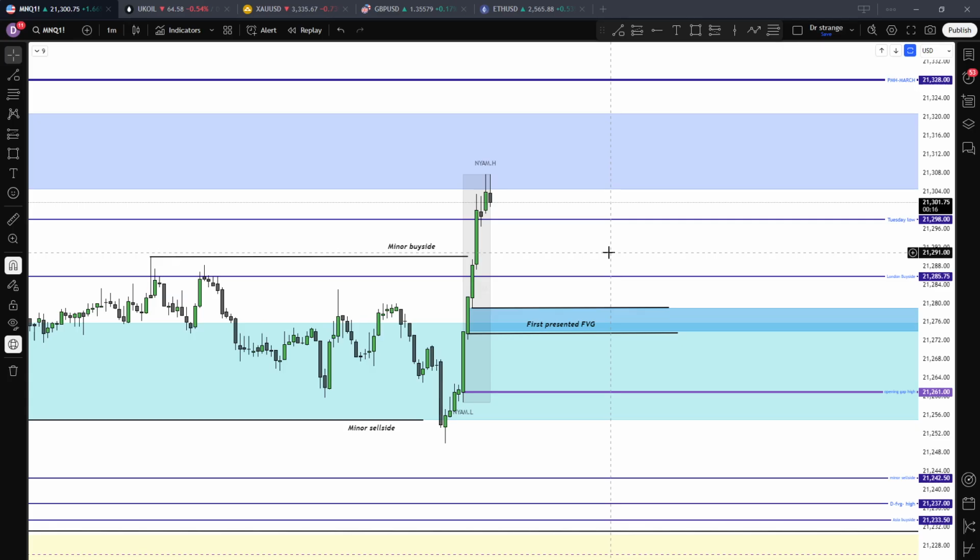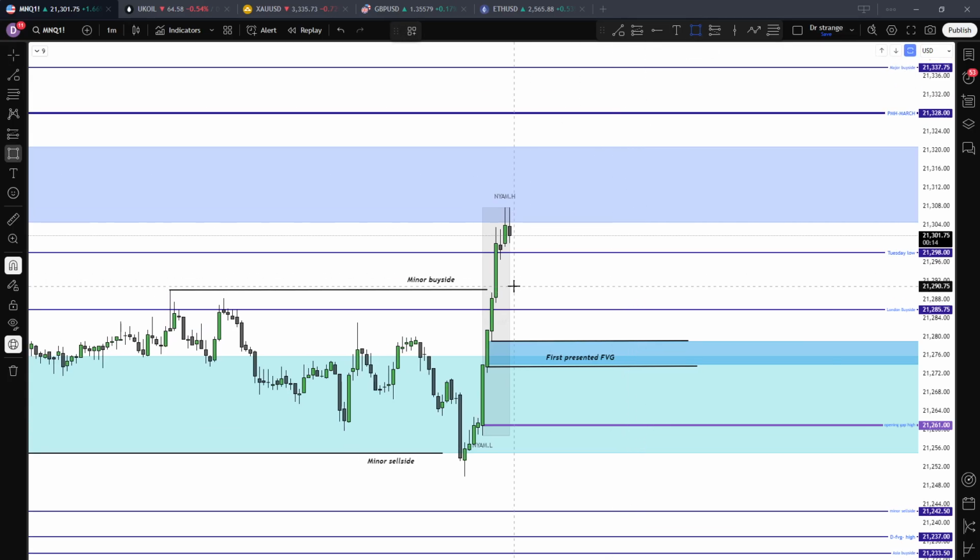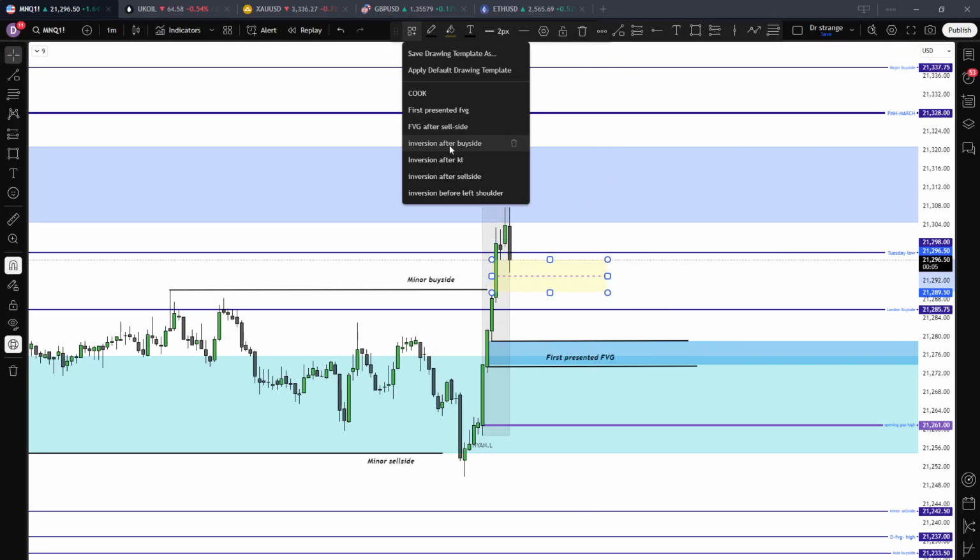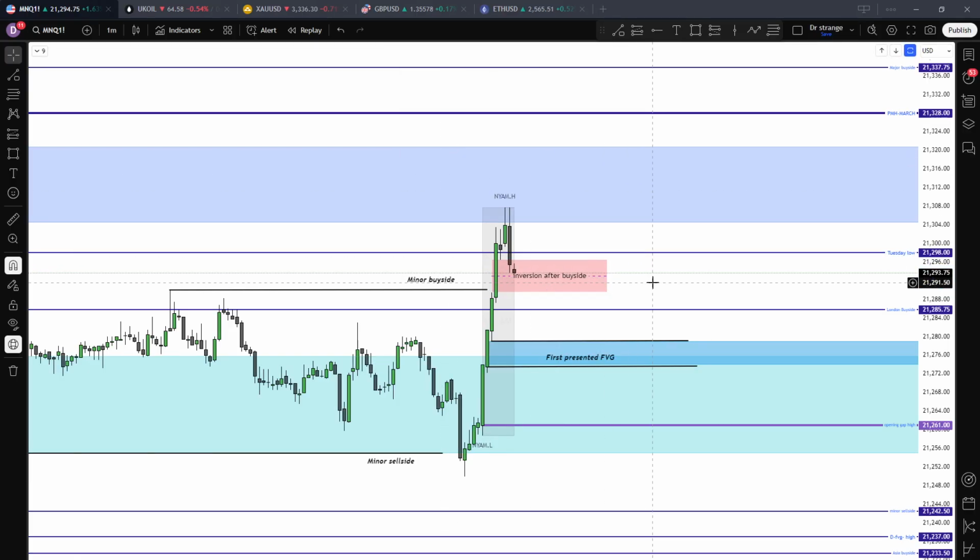We're interested in knowing how price action literally behaves around this point. I always name this inversion after buy side. Yes. So we see these thick down close candles.